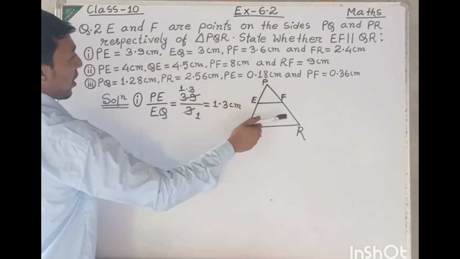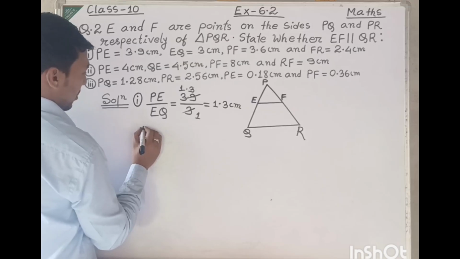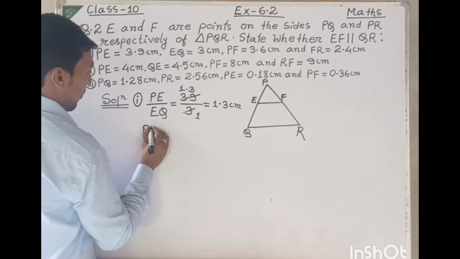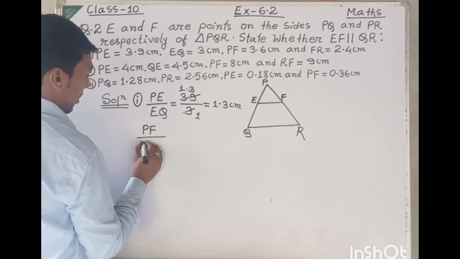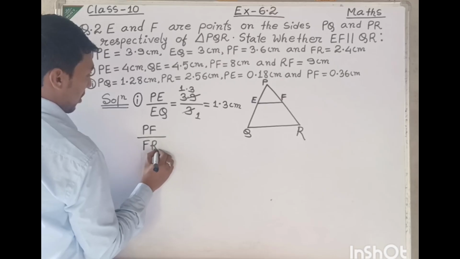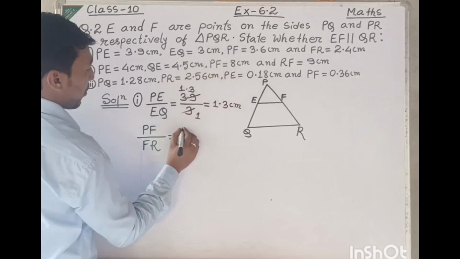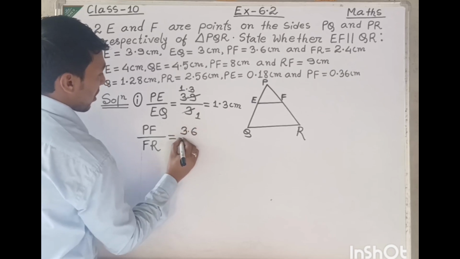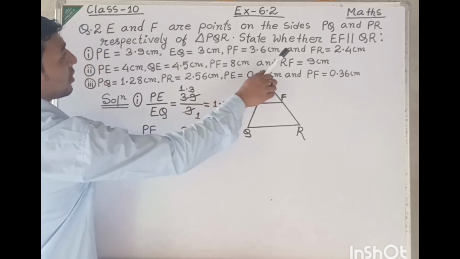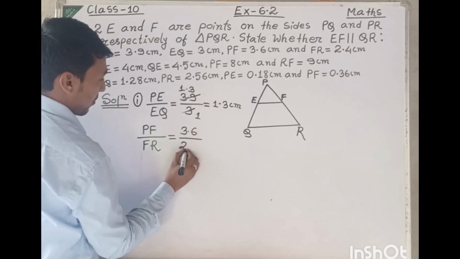Now this side ratio also I will check. PF by FR. The value of PF given is 3.6 and FR given here is 2.4.